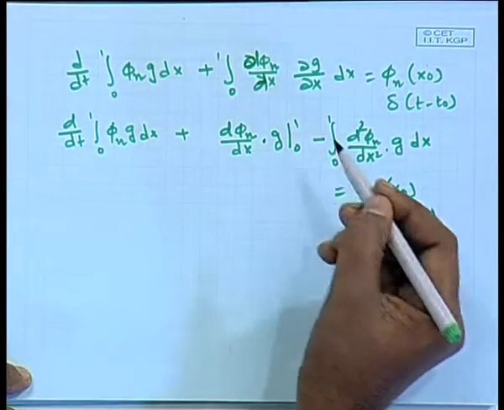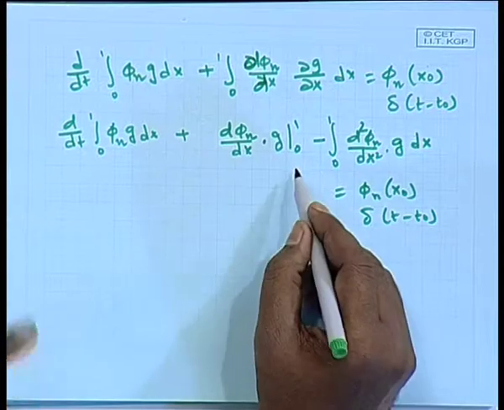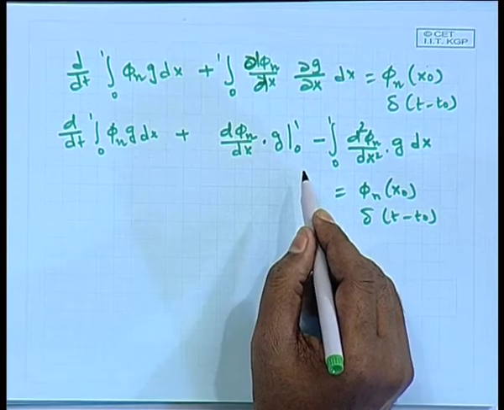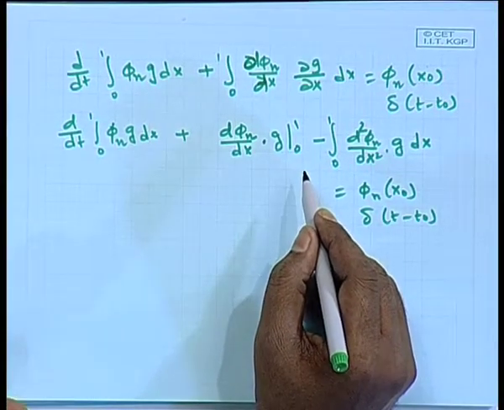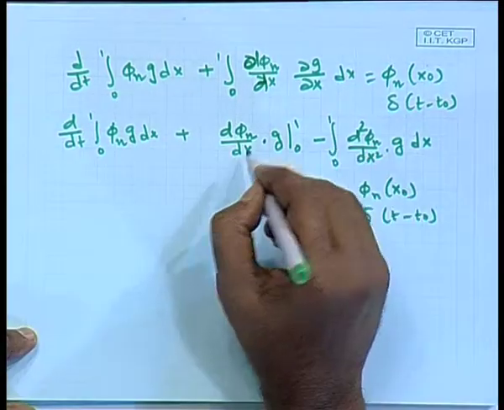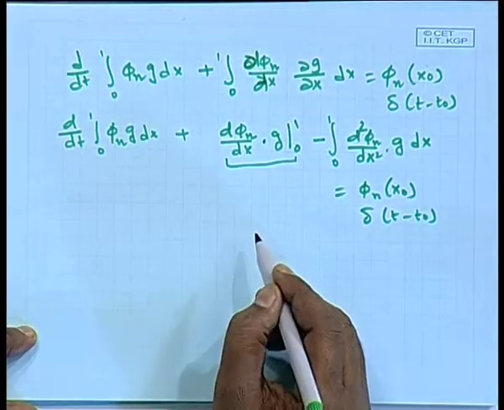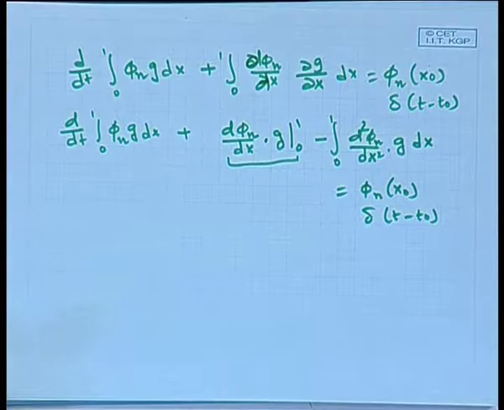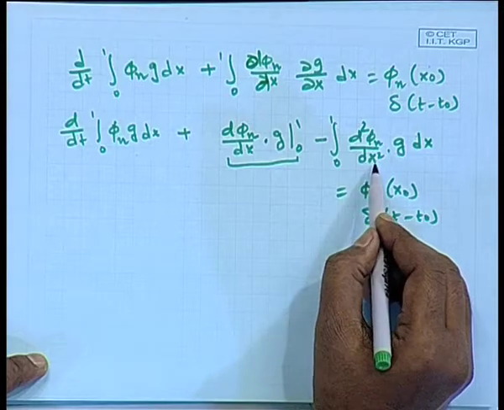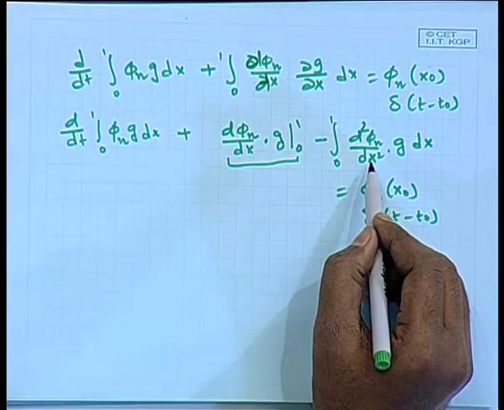Now, g at x equal to 1 is equal to 0, and g at x equal to 0 is also 0, because whenever you are constructing the Green's function, its boundary conditions have to be homogeneous. So again there is no contribution from this term. Now look into the governing equation of phi n, that is d square phi n dx square plus lambda n square phi n equal to 0. Okay. So d square phi n dx square is nothing but minus lambda n square phi n.